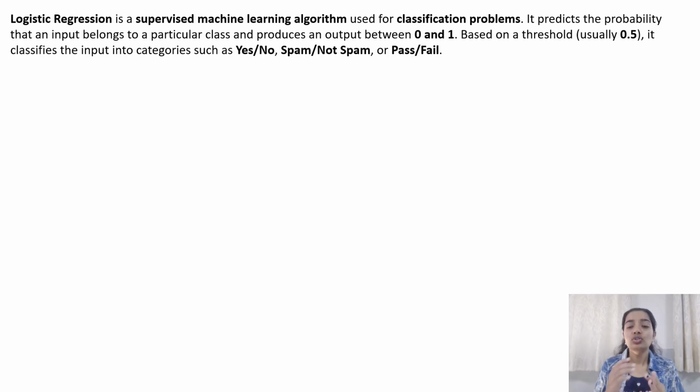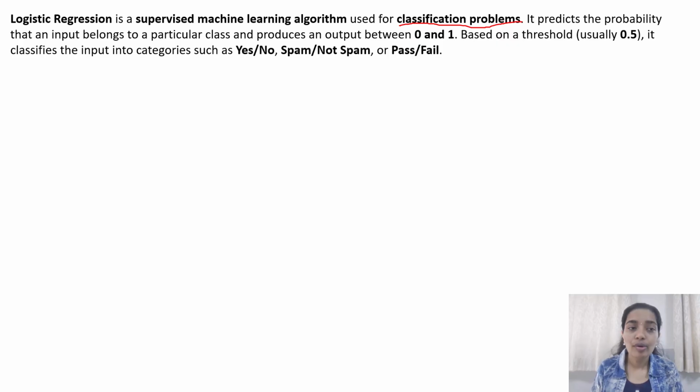The name is regression, but we mostly use it for classification. This is the word that we need to highlight here: it is mostly used for classification problems. So the name is regression, but we mostly use it for classification problems.